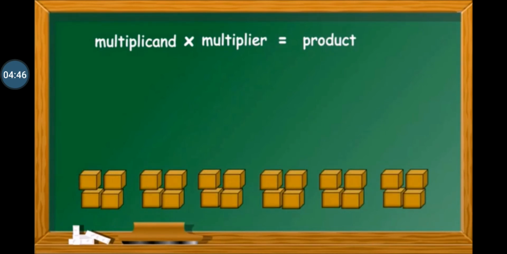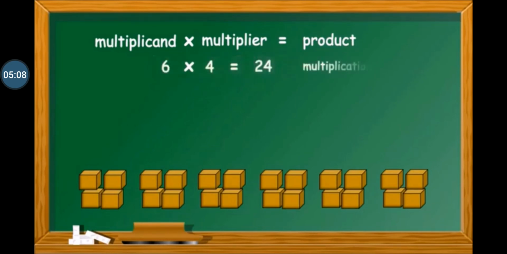Here we have an example. We have sets of boxes. We have 6 sets of boxes and in each set we have 4 boxes. So 6 is the multiplicand, 4 is the multiplier, and after multiplication we get the answer 24.